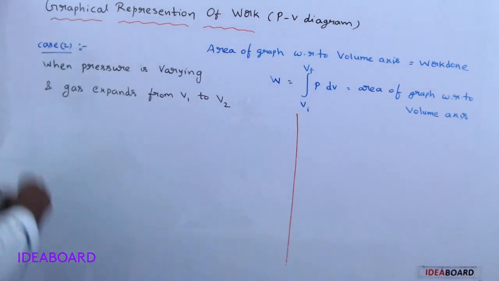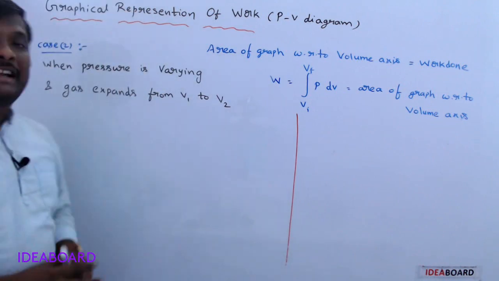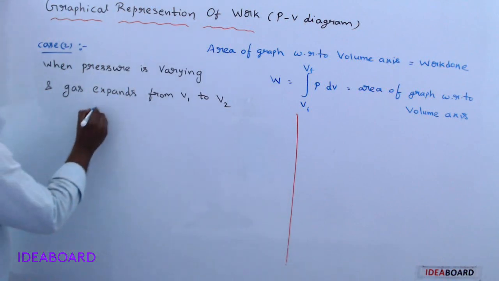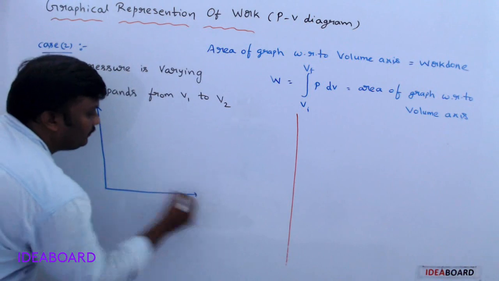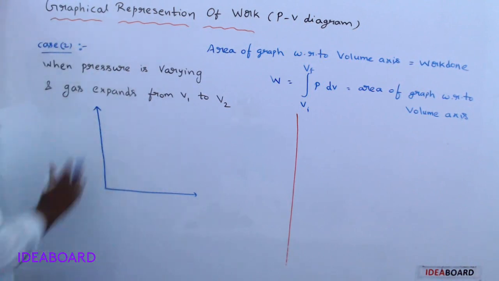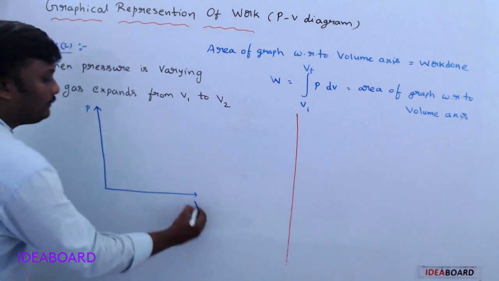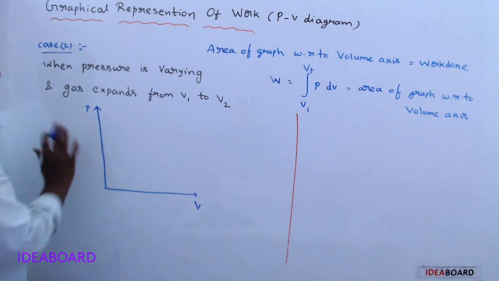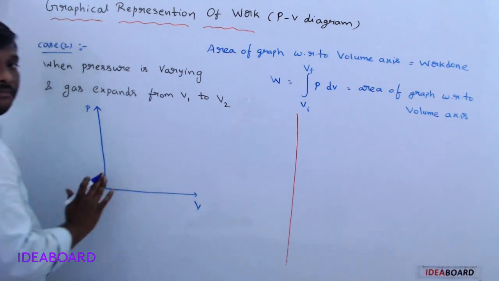Now let us see the second case, when pressure is varying and the gas expands from V1 to V2. How can we represent this in the PV diagram, and how can you get the work done? Here pressure is varying, which means no doubt the graph is not a straight line.